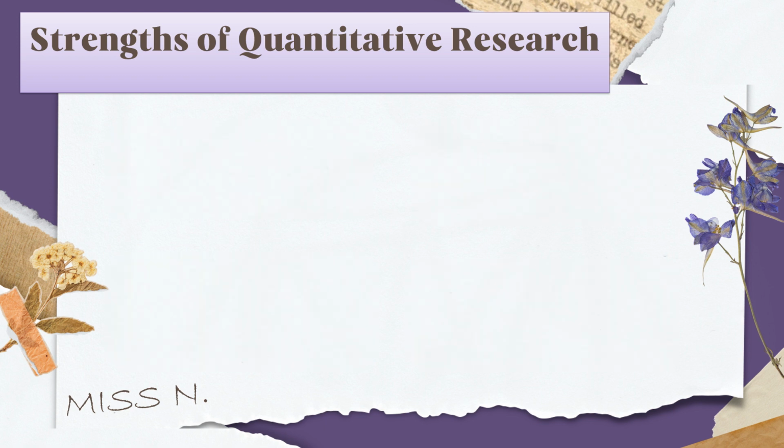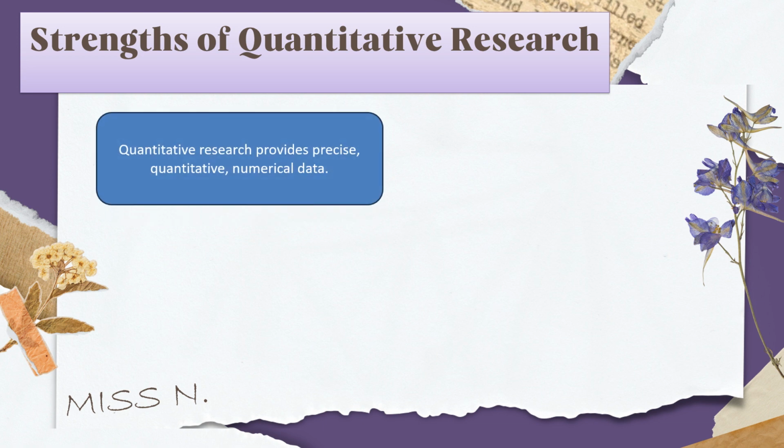Next here, we have that quantitative research provides precise numerical data. Research data represented in quantitative forms such as tables, graphs, and figures are more precise compared with data presented through words, sentences, or paragraphs, as done in qualitative research.